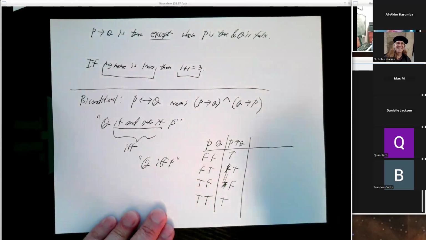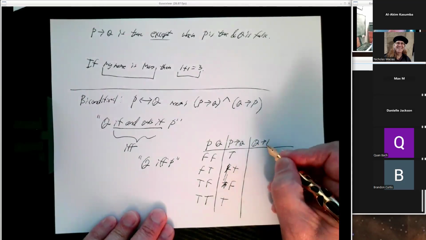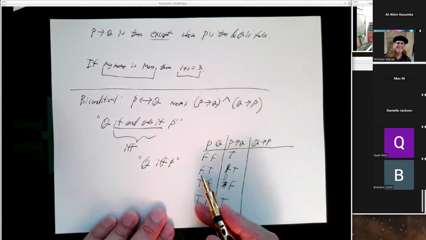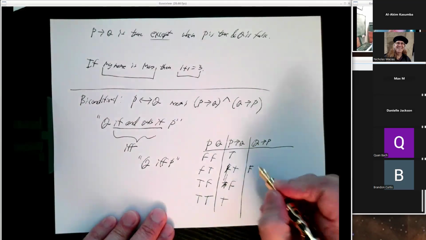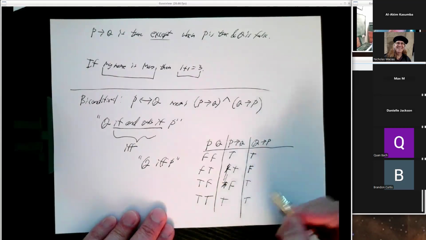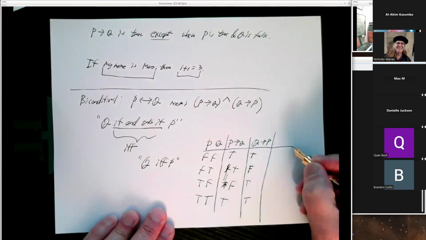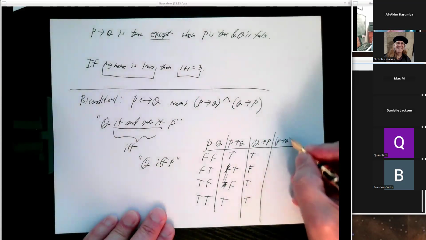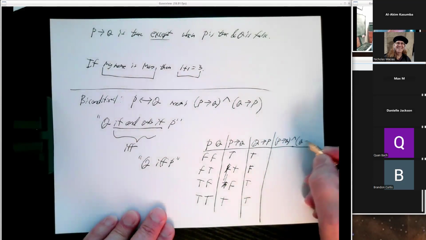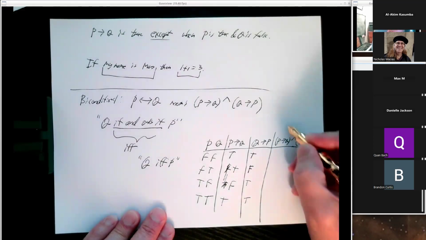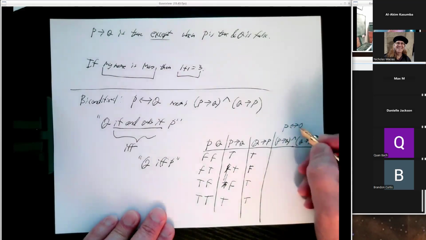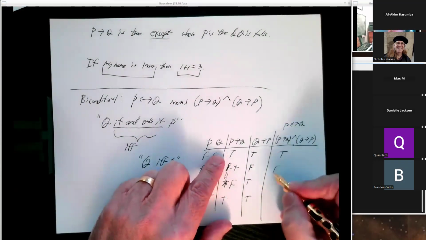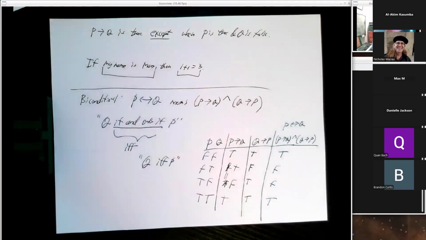So that's if P, then Q. And then if Q, then P will be true in all cases except where Q is true and P is false. And so if we take the AND of those, which is this biconditional, we'll just take the AND of these two columns. This is true, false, false, true.